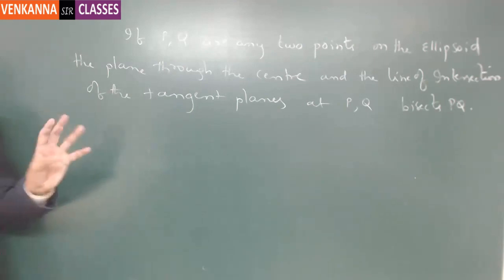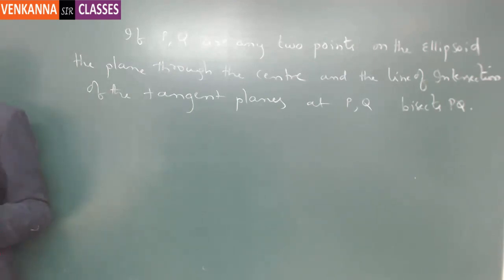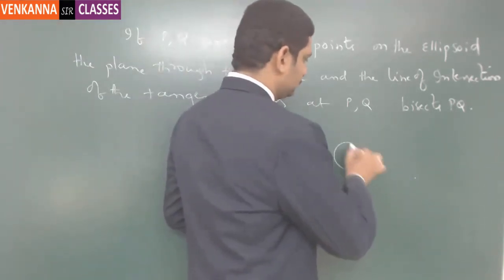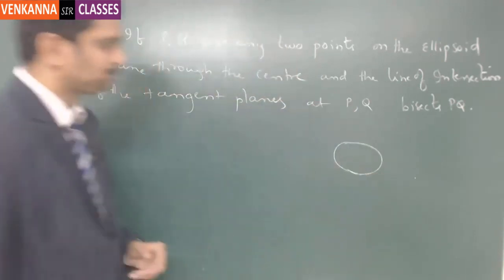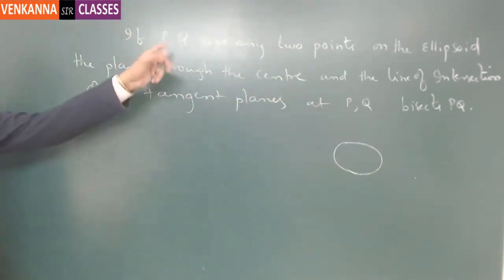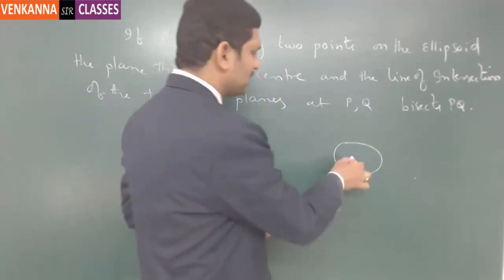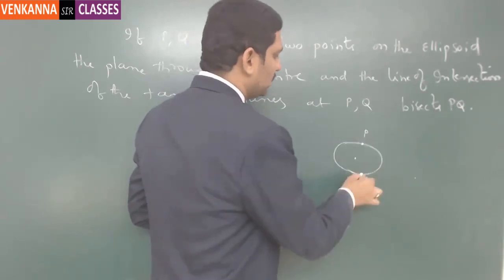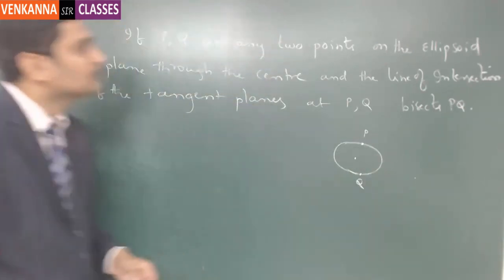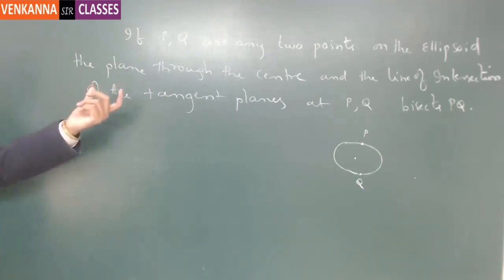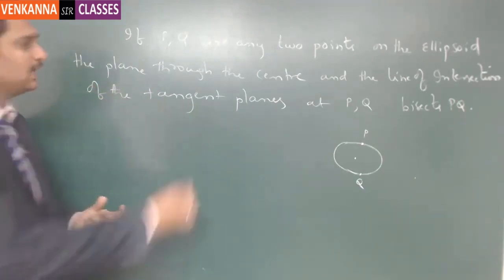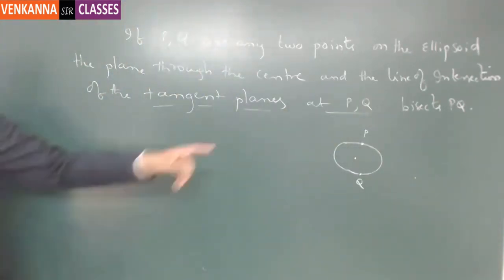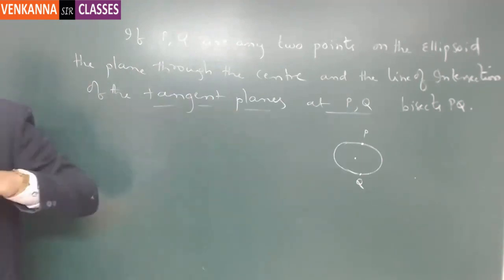Now let us try to imagine the picture for it. So let us say this is our ellipsoid. Now I have taken 2 points on it. Let us say this is my center. This is one point P. This is another point Q. So I am considering the tangent planes at P and Q. So at P, I am taking a tangent plane.